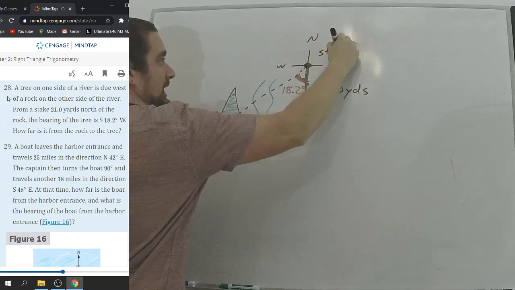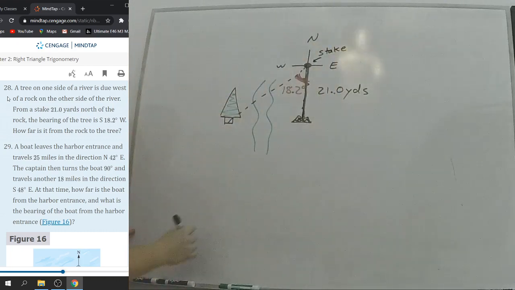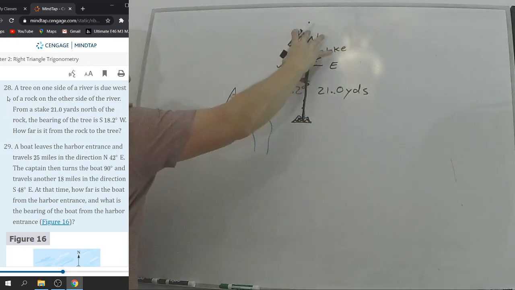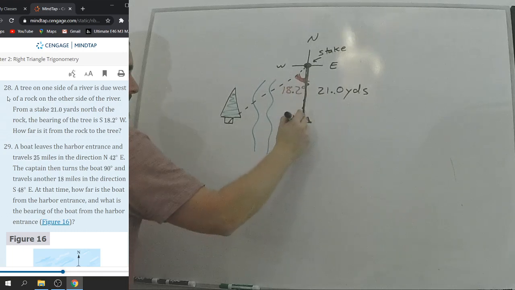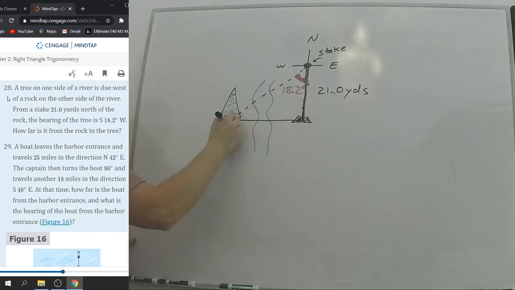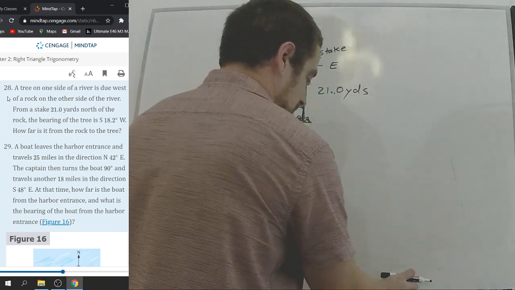And we also have the fact that the tree is due west of the rock. So I can move that north, south, west, east cardinal directions right on top of the rock and go straight west to get to my tree. That creates a 90-degree angle, which again, we're dealing with problems that have right angles.